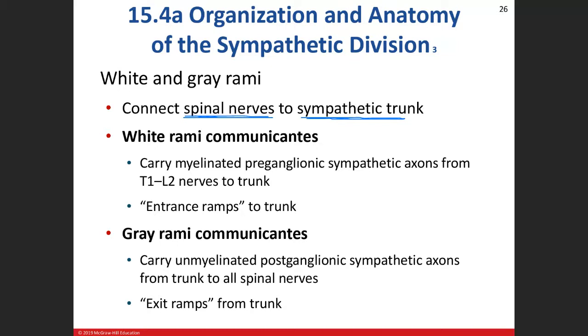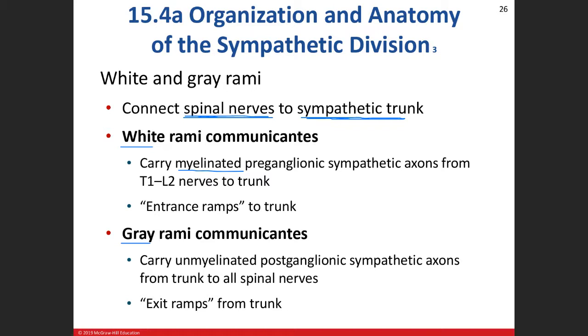We call those the rami communicantes, and there's two of them. You have a white rami communicantes and a gray rami communicante. This is easy to remember because remember, nervous tissue, if it's white, it's myelinated. And we learned when we were talking about the lower motor neurons for the autonomic system that the only myelinated neuron is the preganglionic neuron.